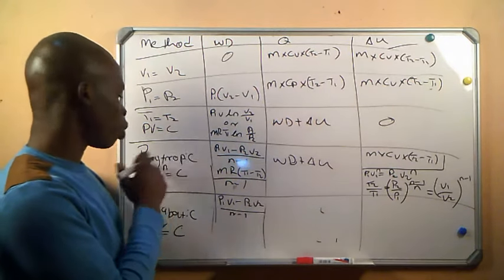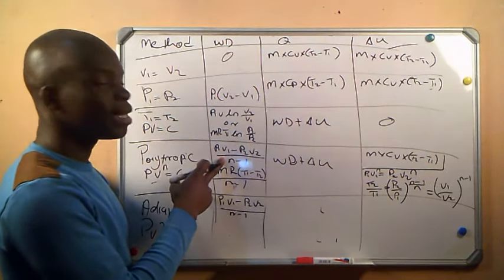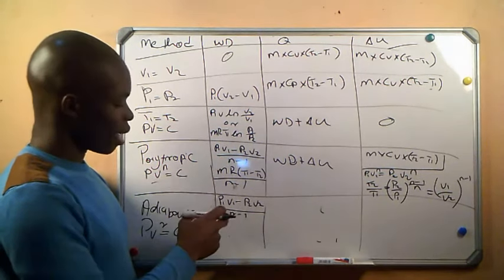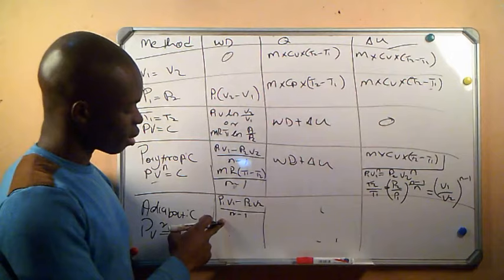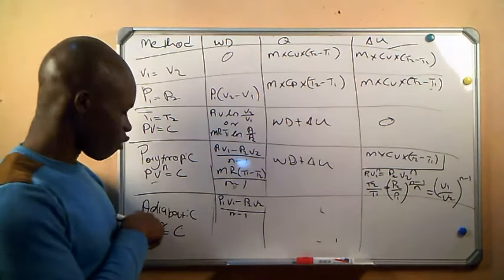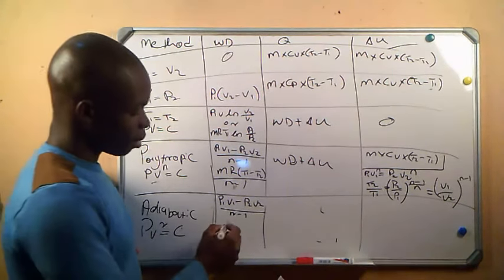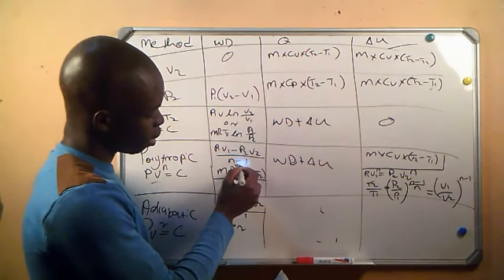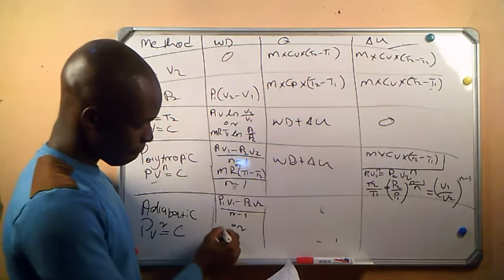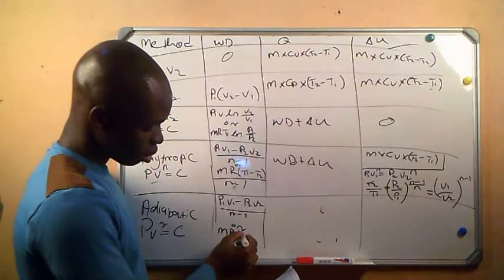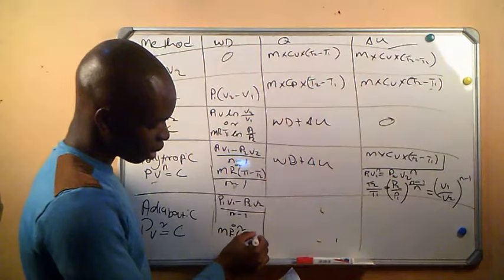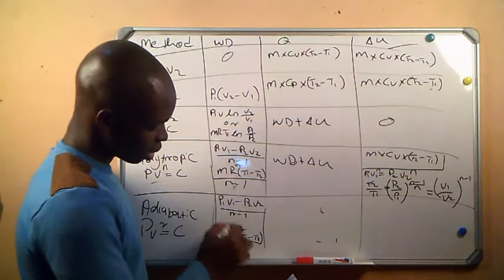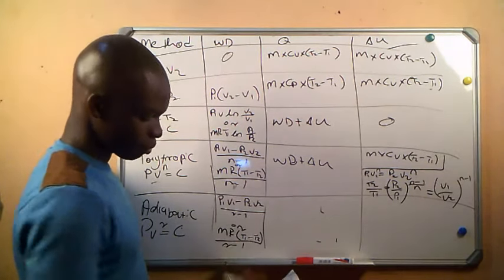Here we said in polytropic that n is the index of polytropic, and here we now have R. R is the index of adiabatic. And then another formula that we can use here is m R T in brackets T1 minus T2 divided by R minus 1.